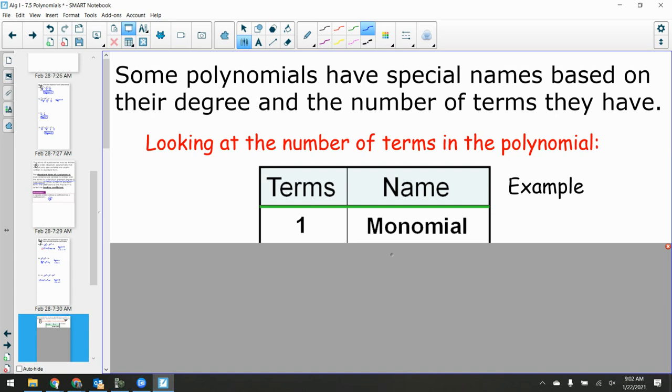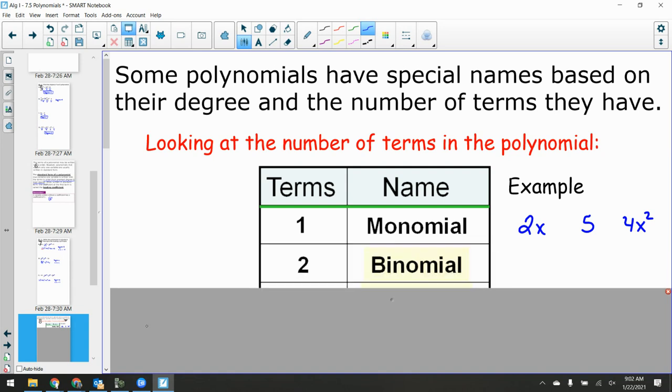Some examples, just a 2x, just a 5, a 4x squared. Those are just single terms, no plus or minuses. Okay, mono meaning one, 2 terms, binomial, like a bicycle, 2 tires.